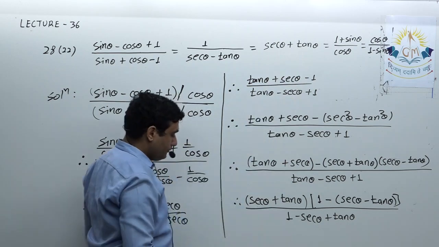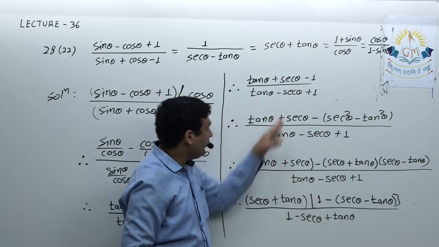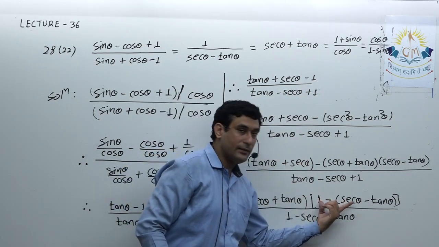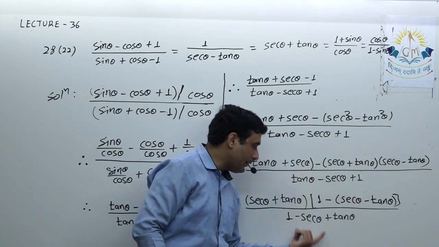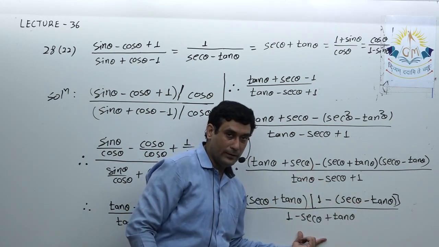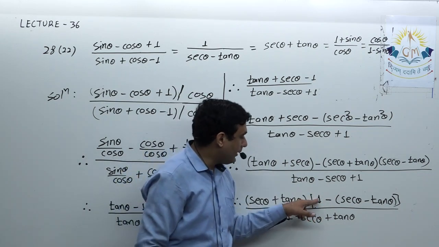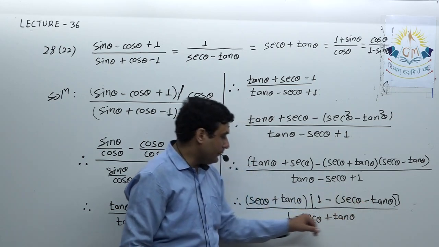Now one thing more: be sure that when you apply the identity and when you take the common, the term which you get in the second bracket will definitely cancel out with the term in the denominator. At the max it can happen that the signs of these three terms are opposite of the signs of these three terms.